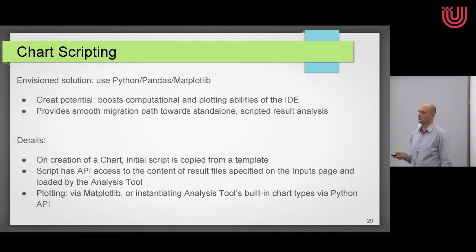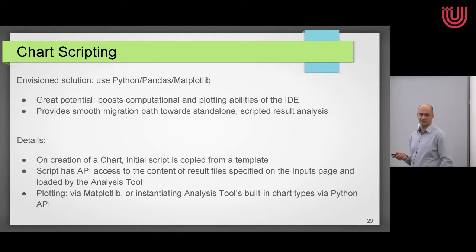When you create a chart, the initial script will be copied from a template, and the names of the results will be substituted into the template. And then, of course, you'll be able to edit the script and do whatever you want using pandas and matplotlib and whatever.